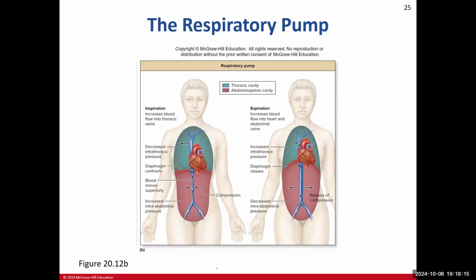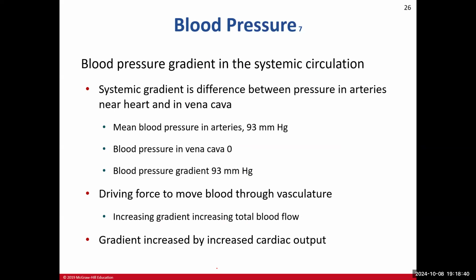Now you've increased the thoracic cavity pressure, decreased the abdominal cavity pressure. So the blood that was in the thoracic cavity vessels, like your vena cava, will push that blood into the heart. And then any blood in your lower extremities will get pushed here into the abdominal cavity. And then when you take your next breath, it moves it onwards. All right, so that's the other mechanism here that helps to move blood back to the heart.